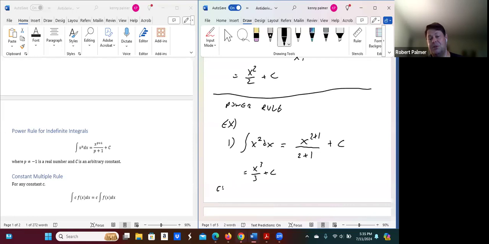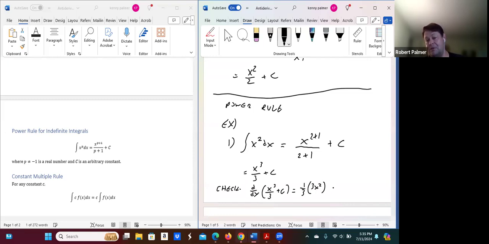Okay, so now let's check this. Okay, so take the derivative. Let's take the derivative of this. So our constant out front is 1/3. Okay, and the derivative of x cubed is 3x squared.